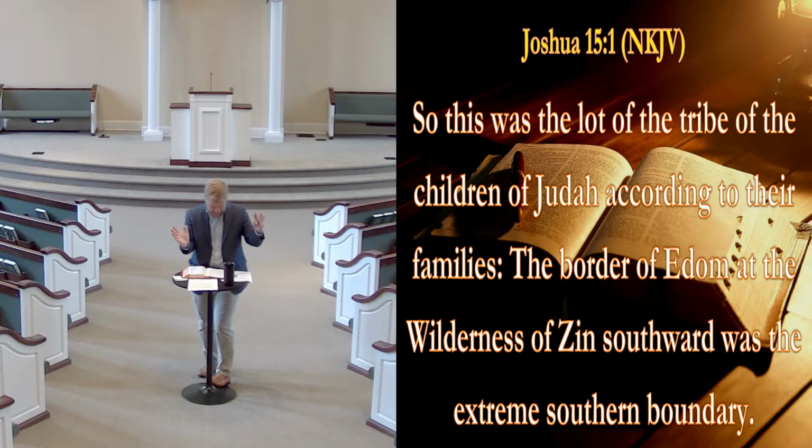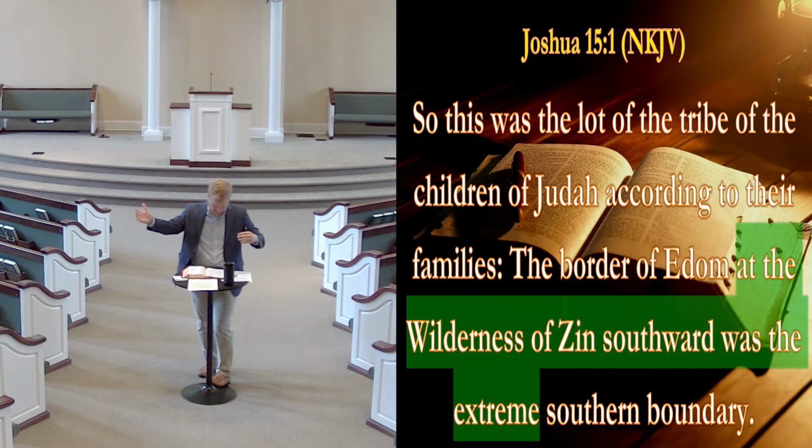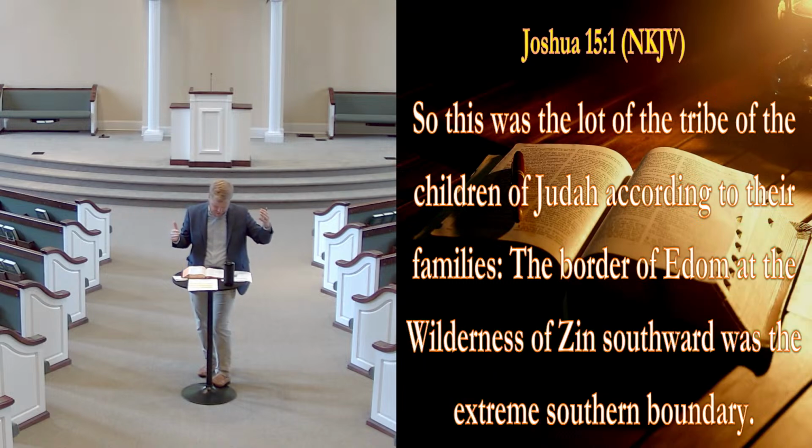And so again, you just have massive portions of the text here describing the border of the land. Each verse almost begins with the border. This went up here, the border. Verse 5, the east border was the Salt Sea or the Dead Sea.